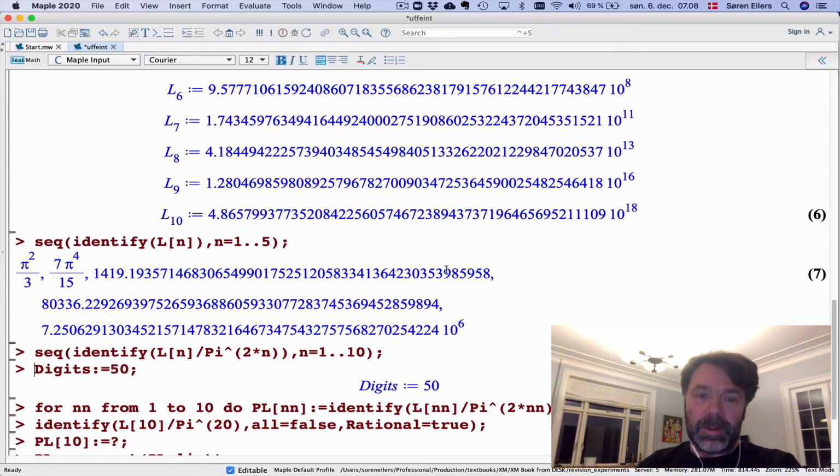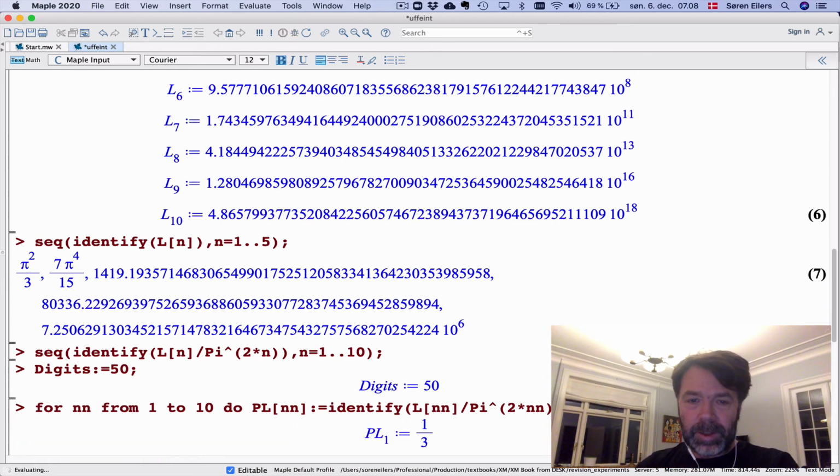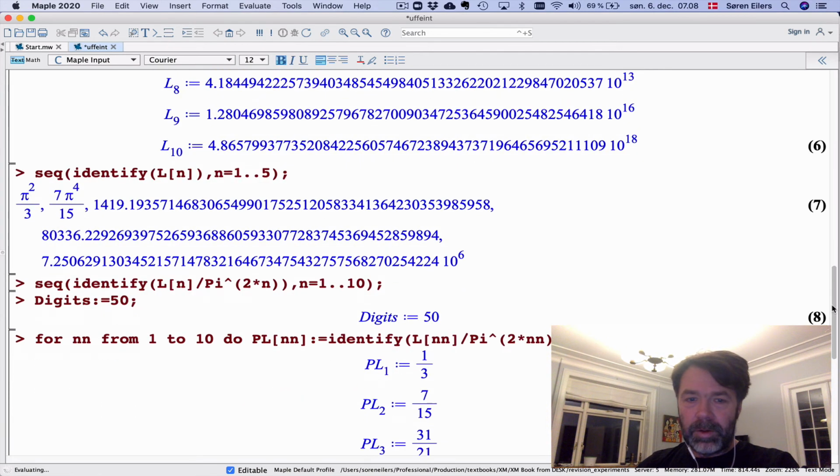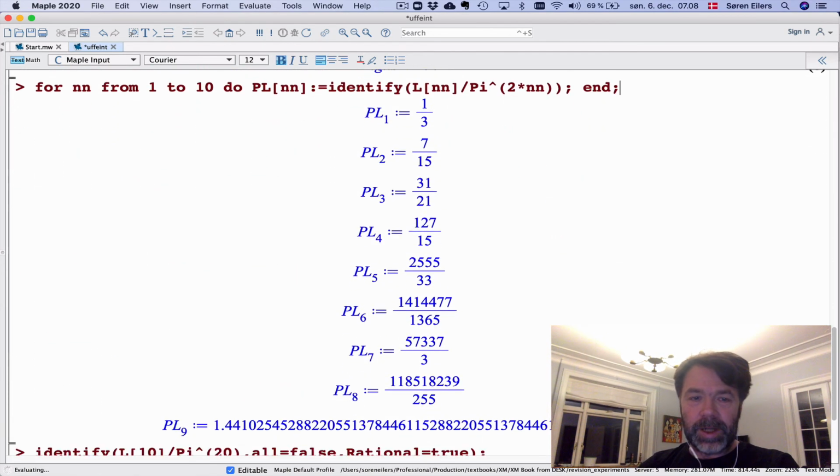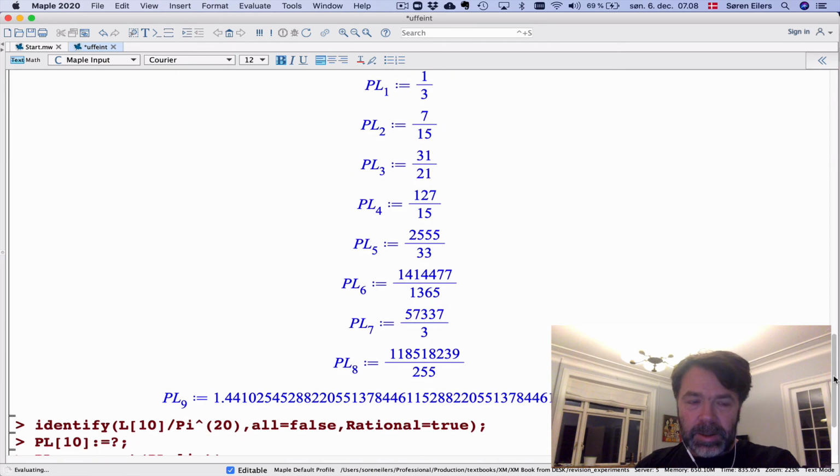Actually, let's strike it down and do it like this. So I'm doing it in a for loop so that you have something to look at. And then you can see that Maple sort of gives up on the 9th value, and in a second it's going to give up on the 10th value as well.